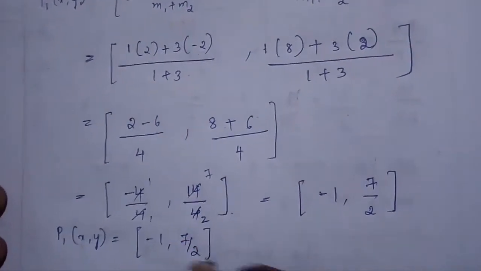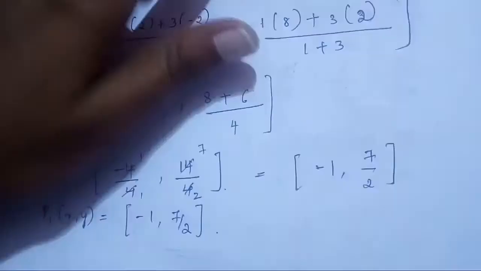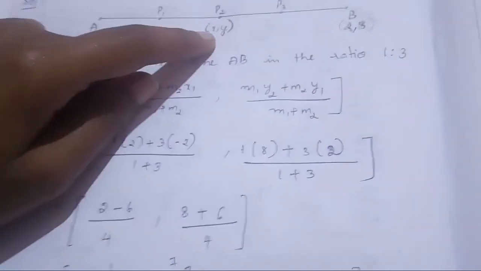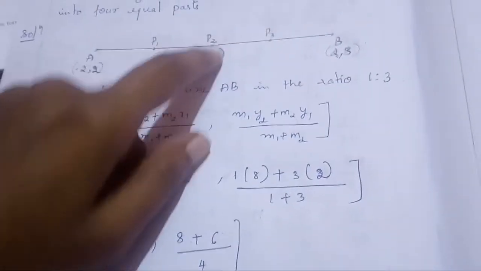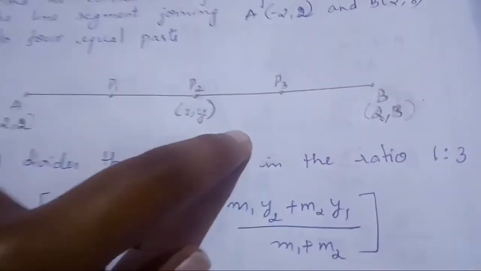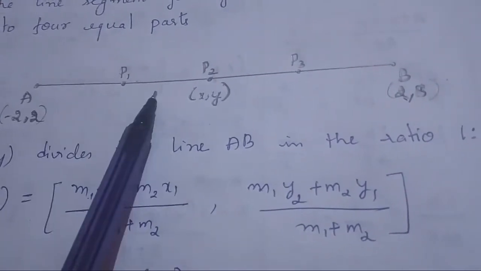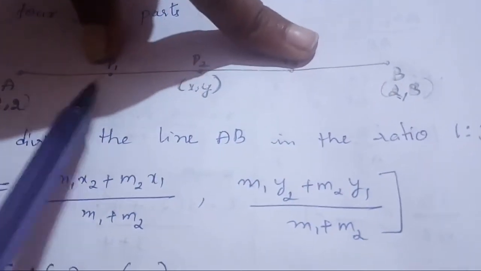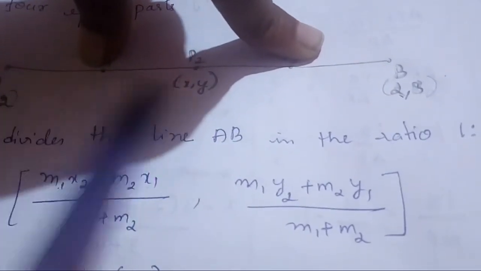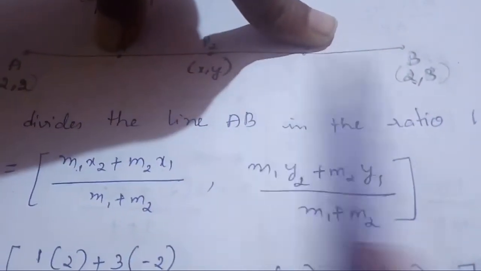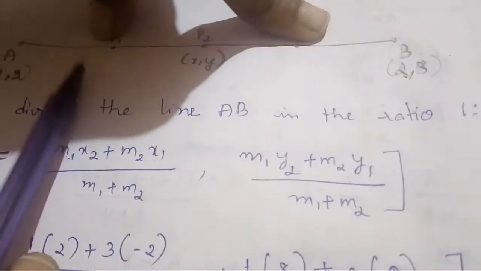Now I consider the point P2 of x, y. It divides in a 1:1 form. This will be one section. I am left with these 2 points. I consider only the complete section as 1 section. So I can take this as 1:1.